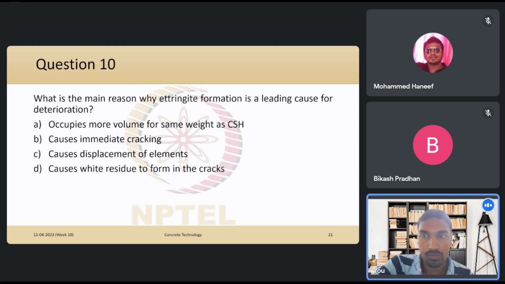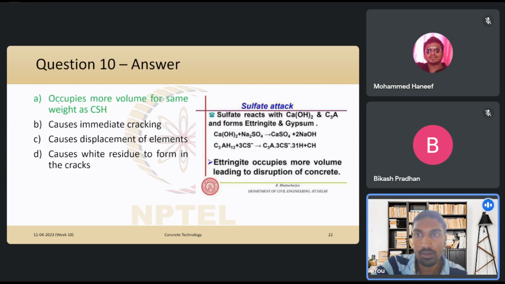Okay, we have two votes for option A. So the right option is A: it occupies more volume for the same weight as the CSH.